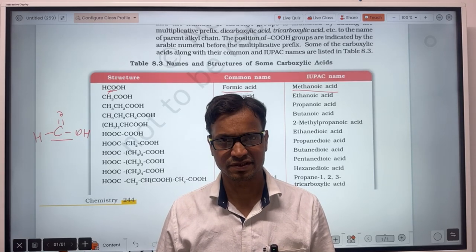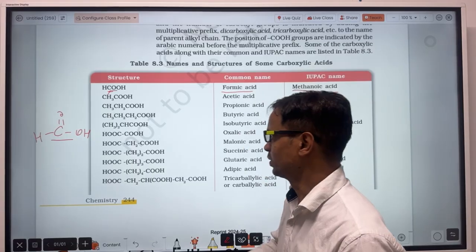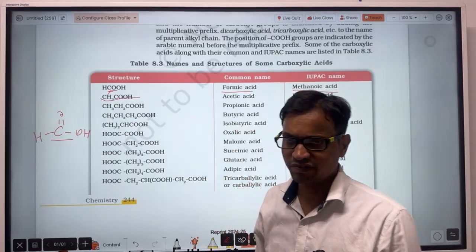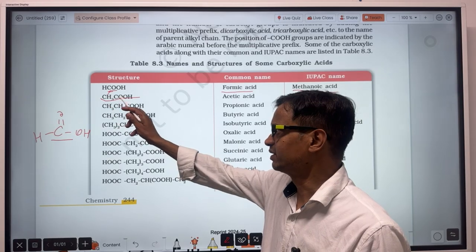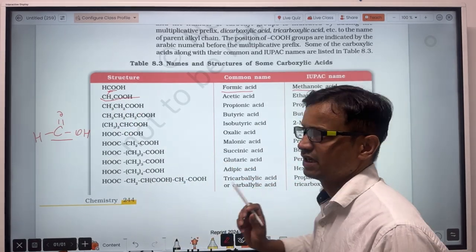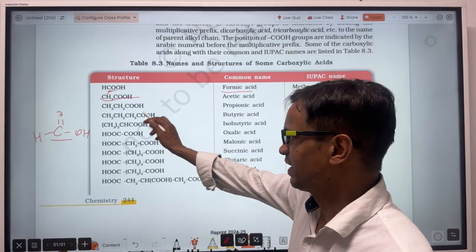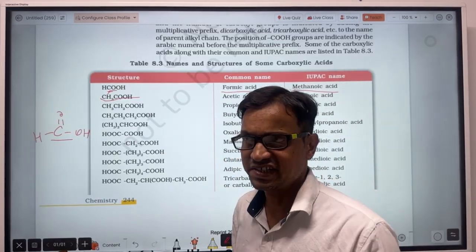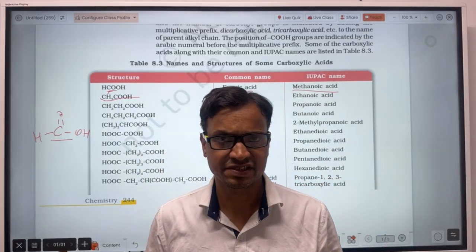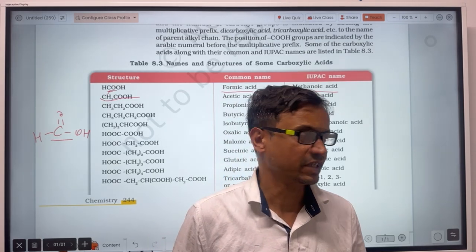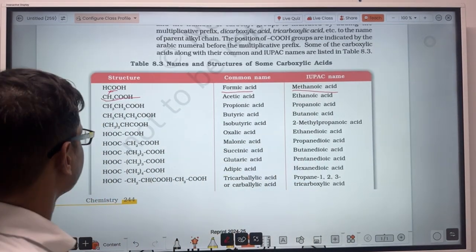CH3COOH, here the IUPAC name is based on the number of carbon atoms. Here there are 2 carbons, so it is called ethanoic acid. And in the common name, it is called acetic acid because it was obtained from vinegar.